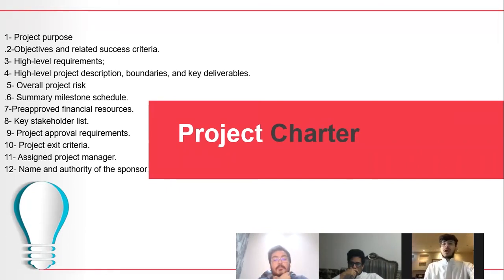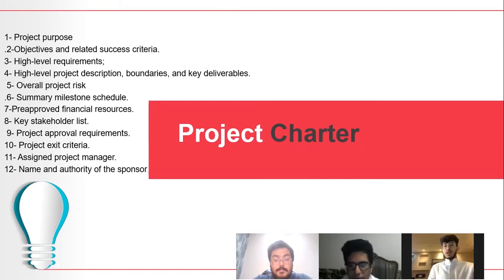First, the project charter includes the project purpose. The second is the objectives and related success criteria. And third, the project charter should have high-level requirements, a high-level project description and boundaries, and key deliverables.